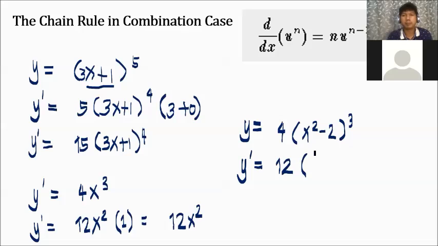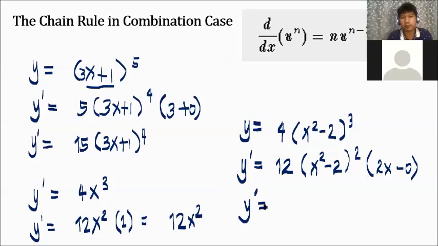And then x squared minus 2. Because this is 3, we subtract 1, so that would be 2. And the derivative of this function, x squared minus 2, is equal to 2x minus 0.